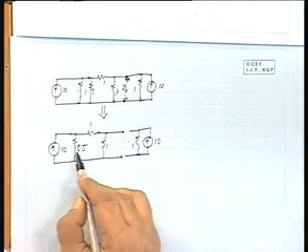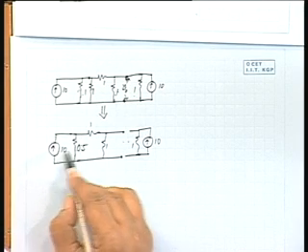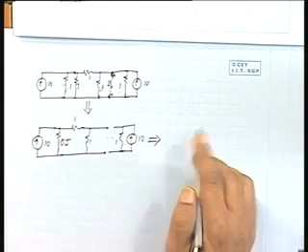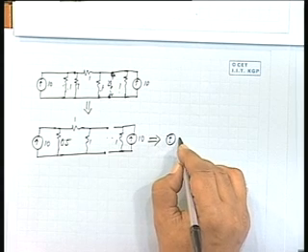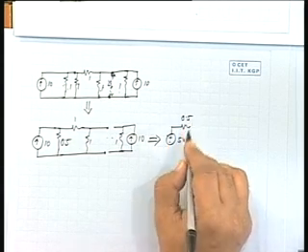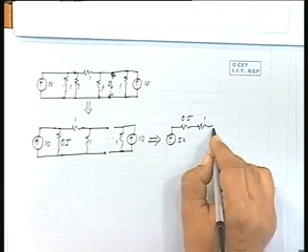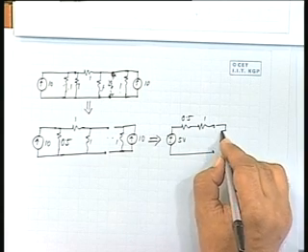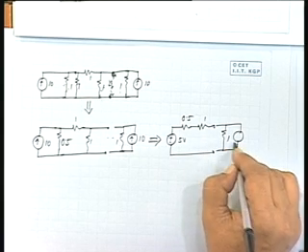Now, 10 ampere and 0.5 can again be replaced by an equivalent voltage source of 5 volts in series with 0.5 ohm, and then you have 1 ohm, and then this side you have 1 and 10 ampere.